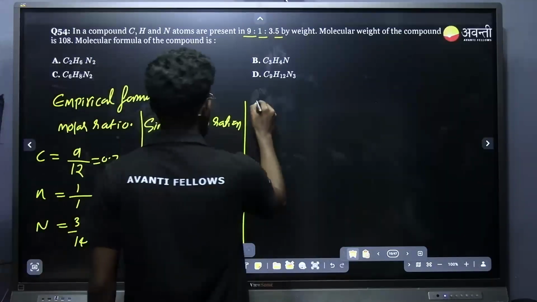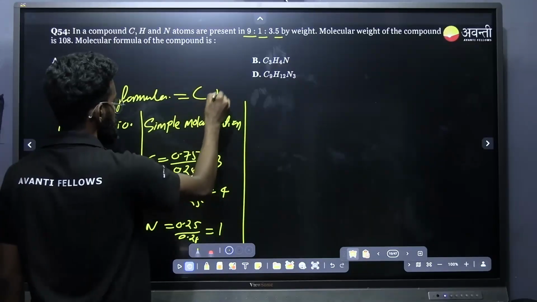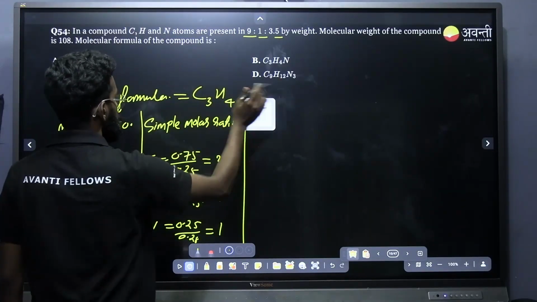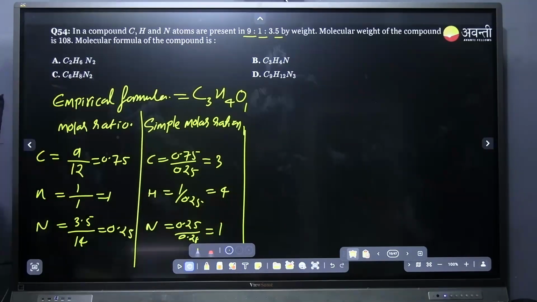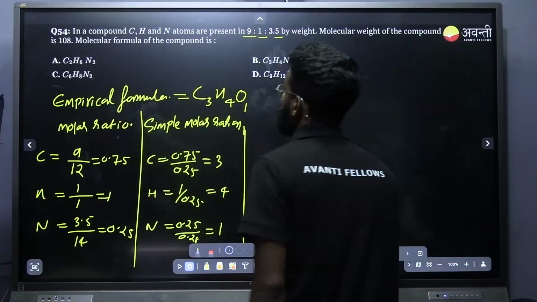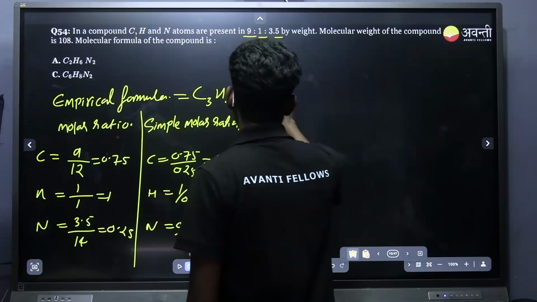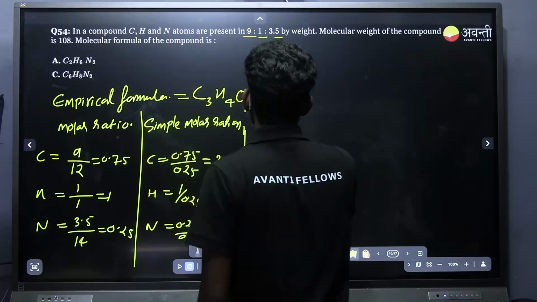So what is the empirical formula? C3H4N1. I got the empirical formula. Now how can we find the molecular formula from the empirical formula? That equation also we have discussed.